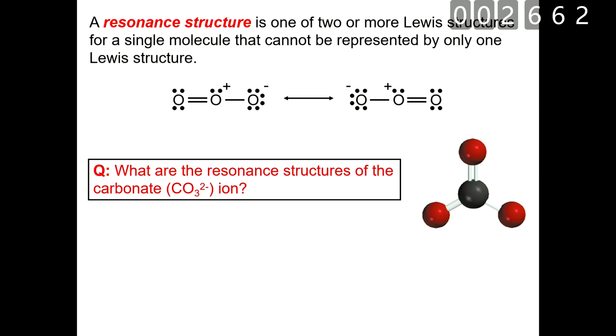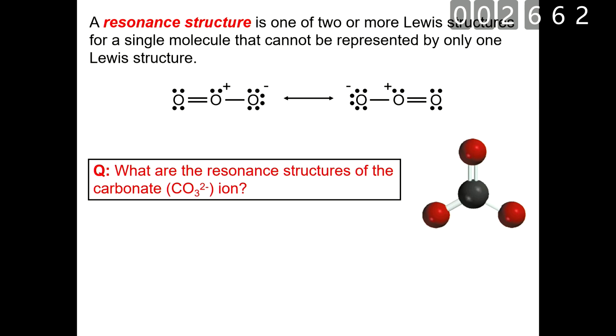In the Lewis structure, between these two oxygens there is one double bond, and between these two there is one single bond. This oxygen loses one electron, and this one gets one electron. Of course, this electron comes from this one. If you count the electrons, each oxygen has 8 electrons. For example, this one: 1, 2, 3, 4, 5, 6, 7, 8.